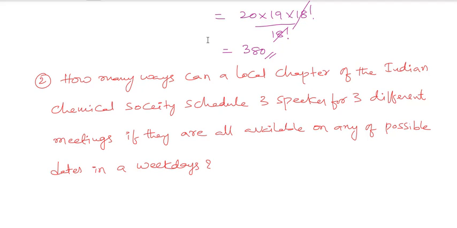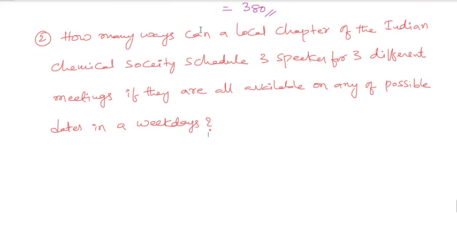This is the question. How many ways can a local chapter of the Indian Chemical Society schedule 3 speakers for 3 different meetings if they are all available on the weekdays?